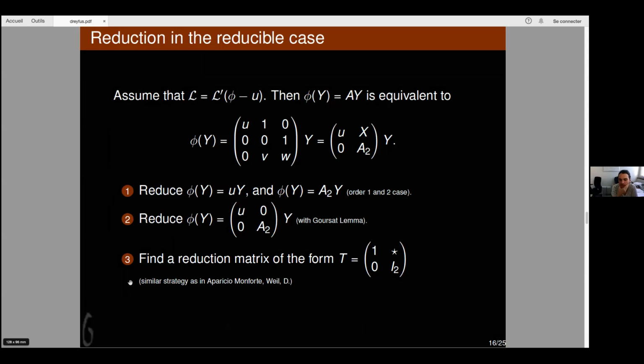No, I say that my strategy is first to reduce the block diagonal matrix, and then reduce the entire system. I see. So if you don't reduce the block diagonal matrices, your gauge transformation will have something on the diagonal. So in some sense, you do that in two steps. So first you find the diagonal block, and then the upper right block. I see. Okay, now I understand. Thanks very much. You're welcome.